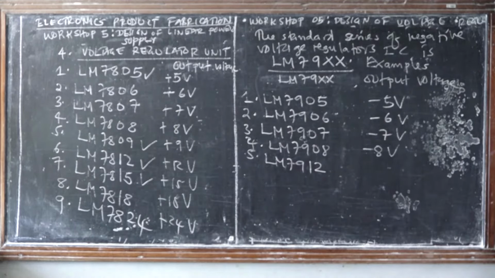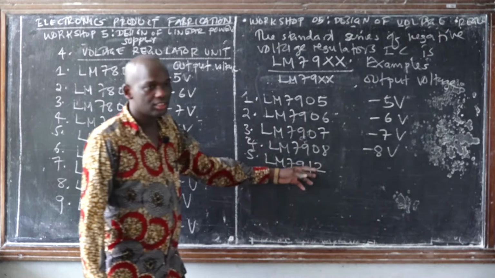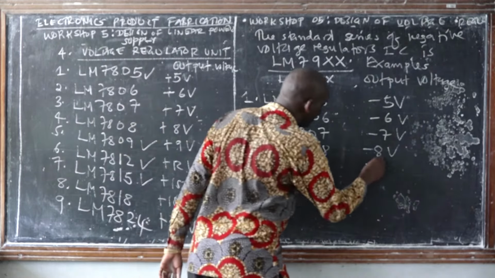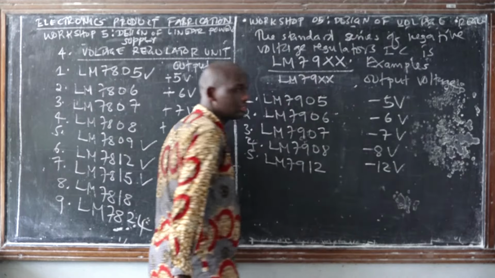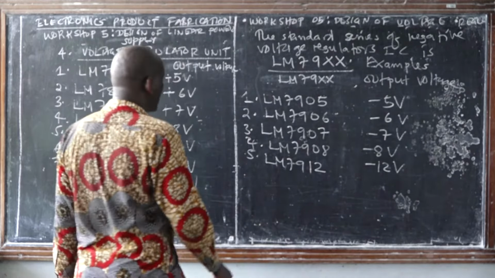LM7909. Next is what? Mfunye, Suleiman. This provides what? Negative 12. Negative 12 volt. 09.